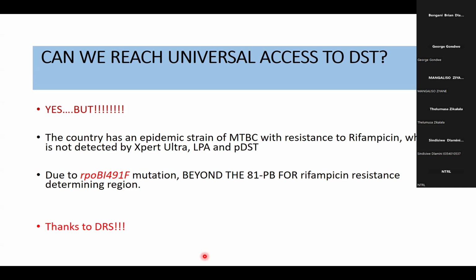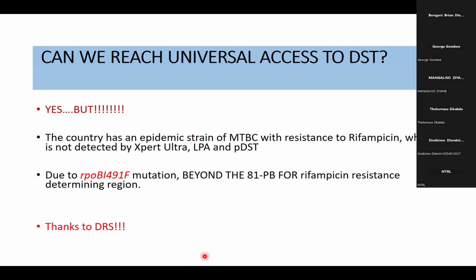The problem is there is a strain of TB that is circulating in our population. This strain will be detected as MTB by GeneXpert, but when you look at the results for rifampicin, it will say it's susceptible, but in actual sense, it's resistant. Why is it the case?